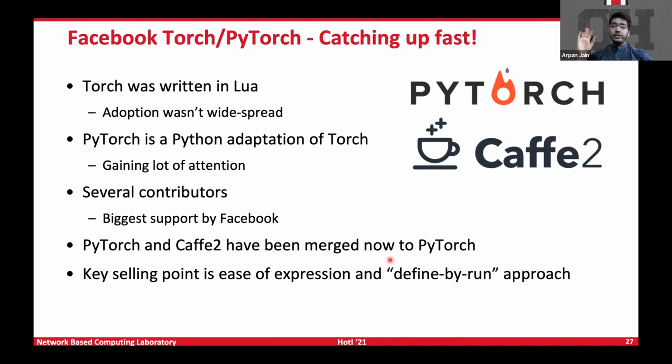When you have designed the first 10 layers, you can run it, which was not supported in TensorFlow earlier. This is what we call the define-by-run approach. It was very, very helpful for engineers who want to debug the model and other things. So that is why the key selling point of PyTorch was this approach.